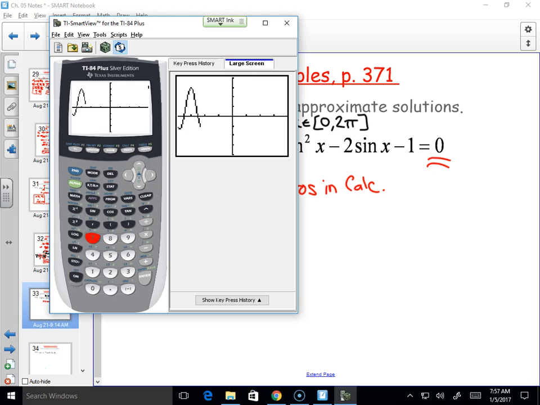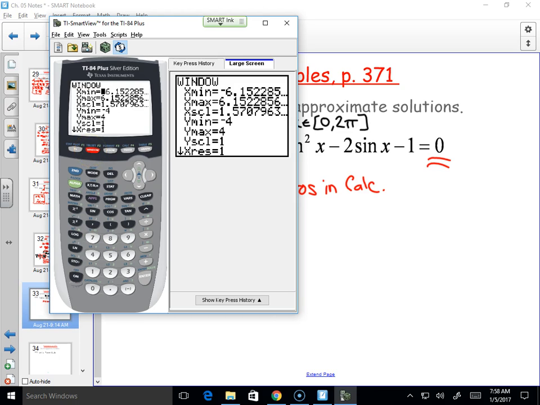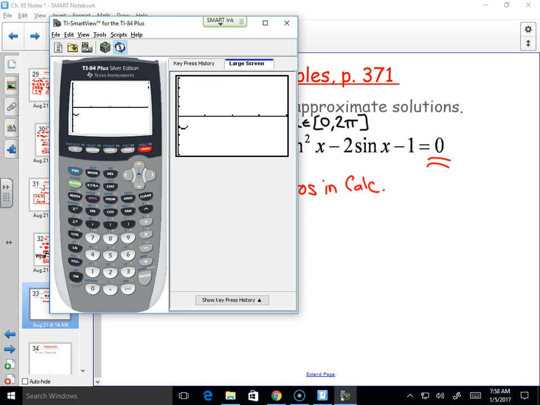However, if you do zoom trig, we're like, wait a minute, what angles are we looking at? We're only supposed to be looking between 0 and 2 pi. So then we could change our window, just to look at 0 to 2 pi. Remember, we can type in our x-min and x-max. There we go. So now we're only looking at where we're supposed to be looking.